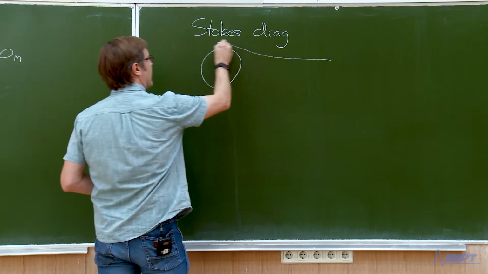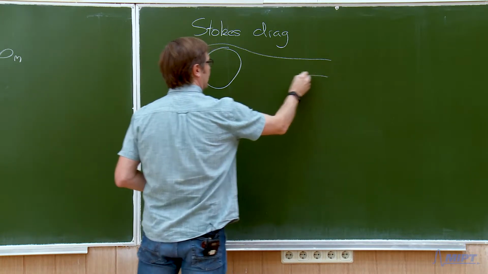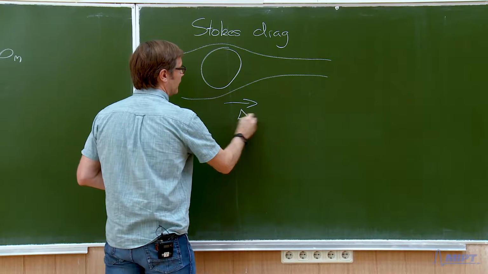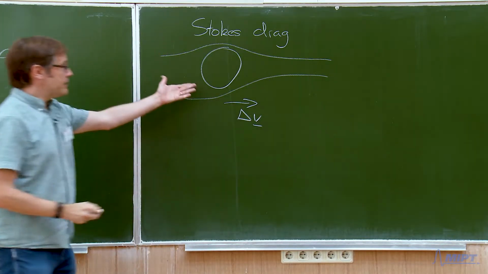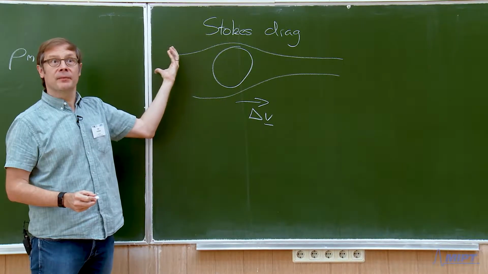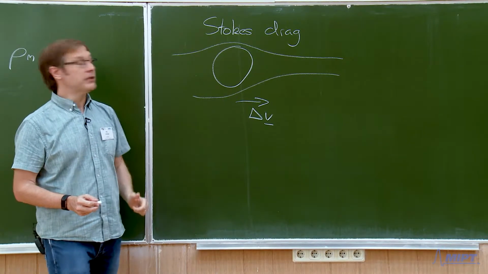The fluid comes in, flows past the sphere, and then as a result of that, we get a drag force on this sphere, which obviously acts in the opposite direction to the direction of the velocity.